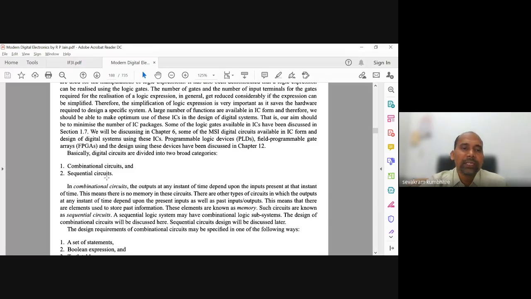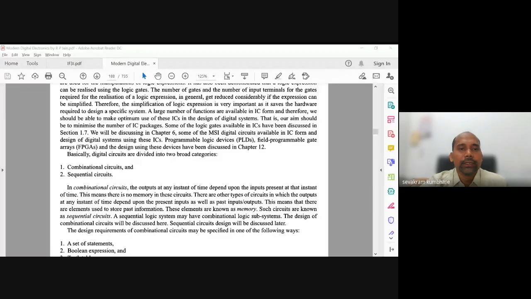One more thing: if I want to design a sequential circuit, its output depends on present input as well as past input, so I need to remember that past input. For that I need a memory, because without memory you cannot remember, right? That's why the sequential circuit also needs a memory element.